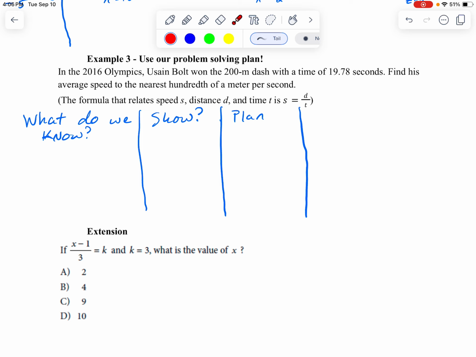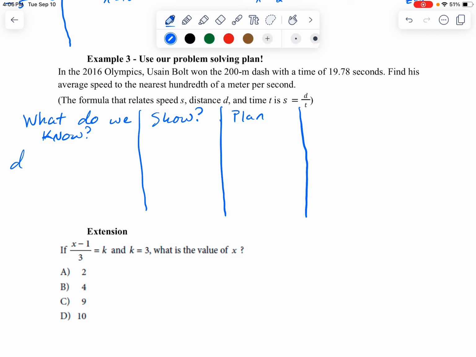So let's look at what we know. We know the year. I don't know that that's going to be important in this problem because it's not asking us anything about that. He won the 200-meter dash with a time of 9.78. Those both seem important, especially since we have a formula that is for distance and time.